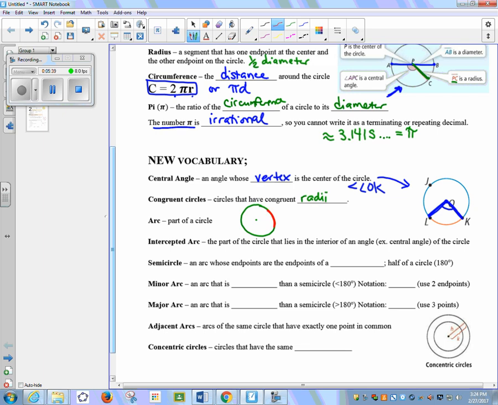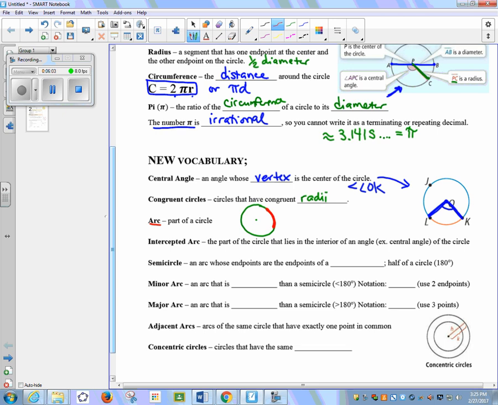We're not talking about anything like a whole wedge. If I always refer to this as kind of like a pizza, the arc is like the crust of the pizza. It's just that edge part, and the circumference goes all the way around, but an arc is just from one point to another point on the circle.